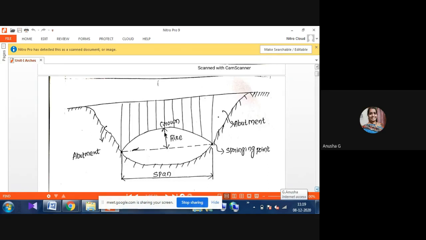If you are not keeping these arches, what will happen? Suppose in our condition the water is coming on top; that water will act as impact load on the road. Already some vehicles are moving on that road, and with the wind effect and water effect absorbed by the road, there will be some damage.